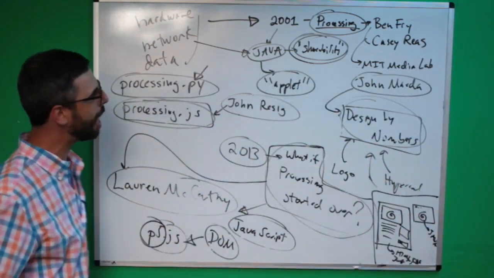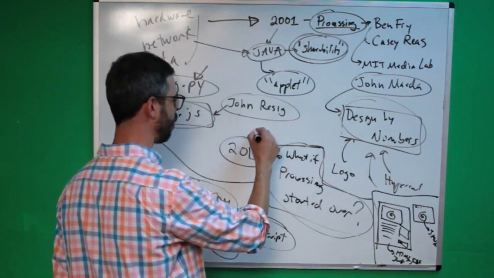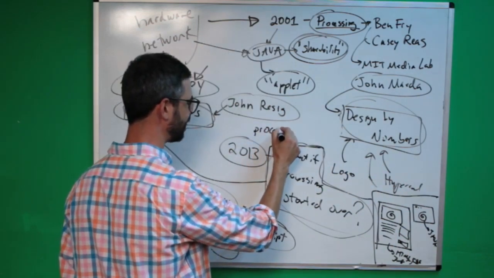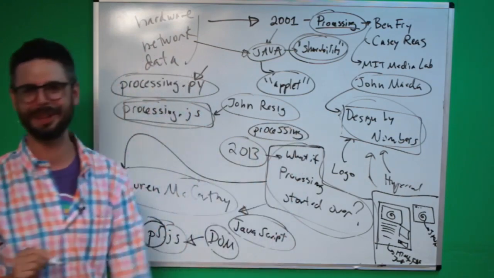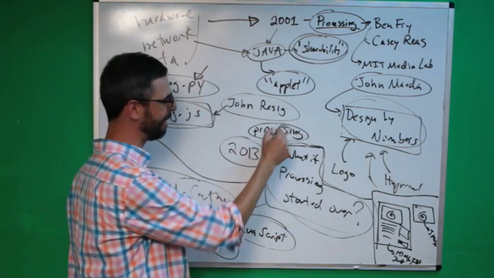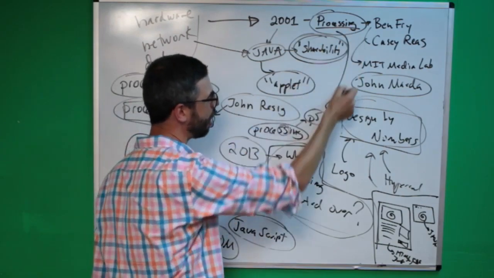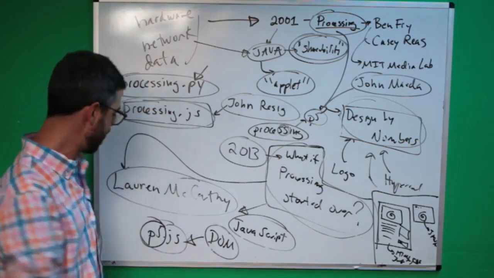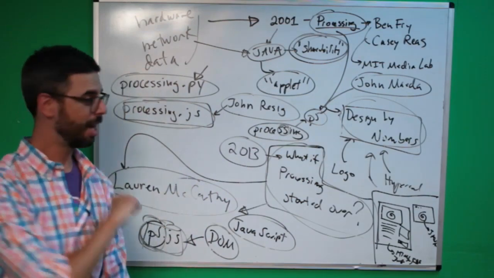So actually, when processing was first created, there was a URL, which was process-5ing, because processing wasn't actually available. So it had two 5s in it instead of S's, and which became P5 for short. So processing has often been referred to as P5 for short, and now little lowercase p with a 5.js for JavaScript.